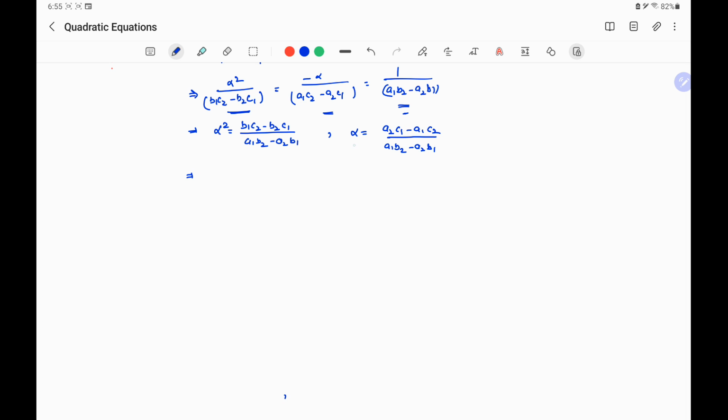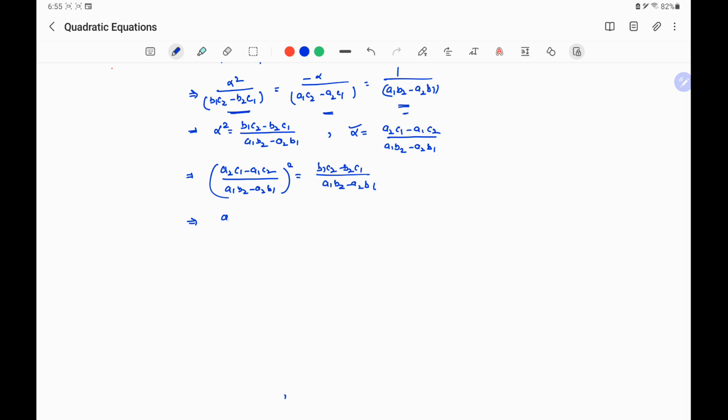So we put the value of alpha. Here we will get a2 c1 minus a1 c2 divided by a1 b2 minus a2 b1, whole square, equal to b1 c2 minus b2 c1 divided by a1 b2 minus a2 b1.